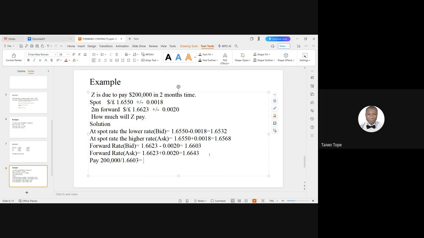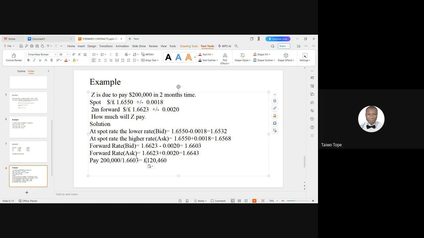So 200,000 divided by 1.6603, you're going to have 120,460 in terms of pounds. So how much will Z pay? Z will pay 120,460 in terms of pounds, because the bank will buy at a lower rate and sell at a higher rate.